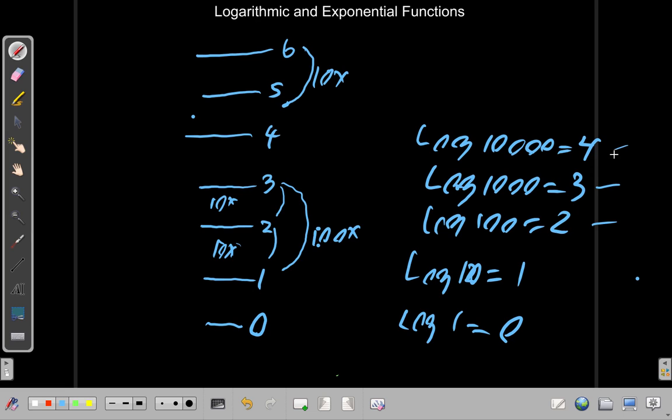And with the 4, the answer with a magnitude 4 has 10 times the value of a magnitude 3. In other words, 10,000 has 10 times the value of 1000, right? So that's how they set up the Richter scale.